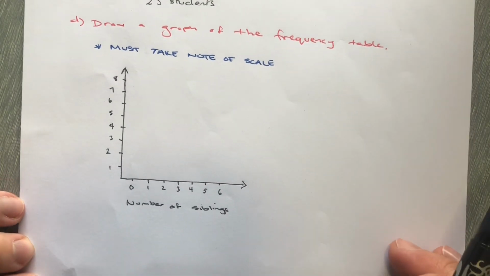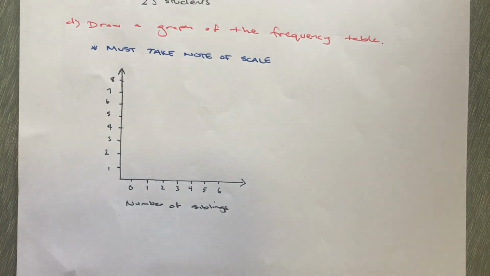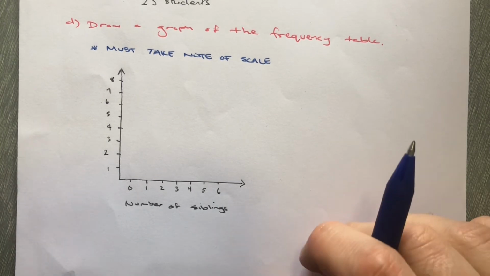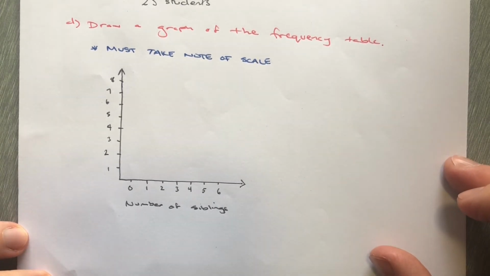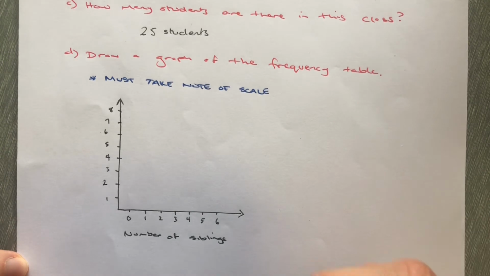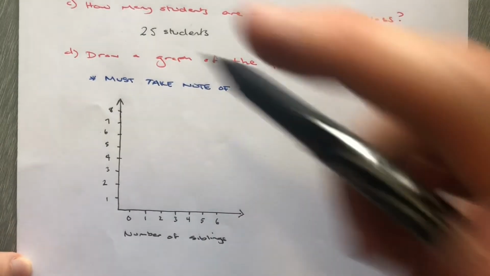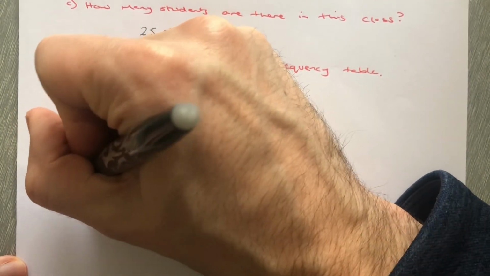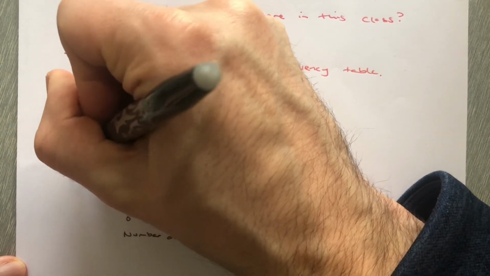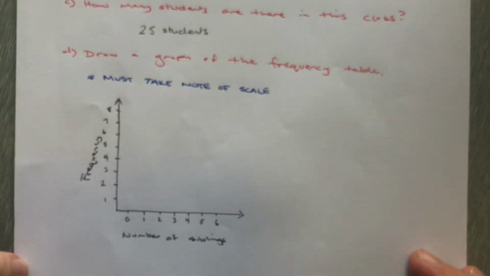Now we just need to put our columns in here, because we are doing a column graph. I should have really said that before. And I should have put the frequency up here as well, so I need to make sure I show you that that's frequency. There we go.